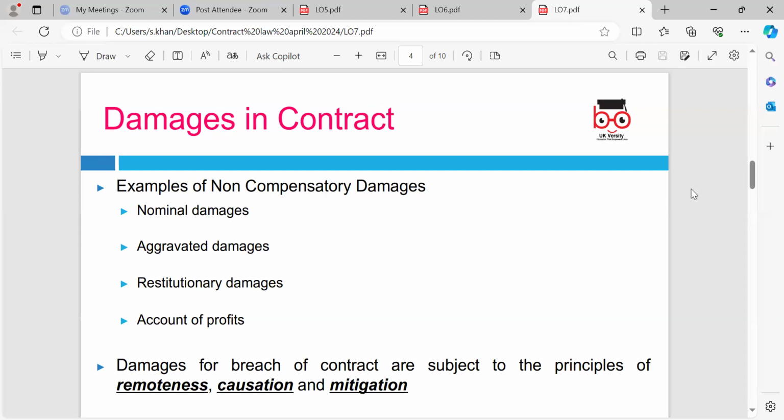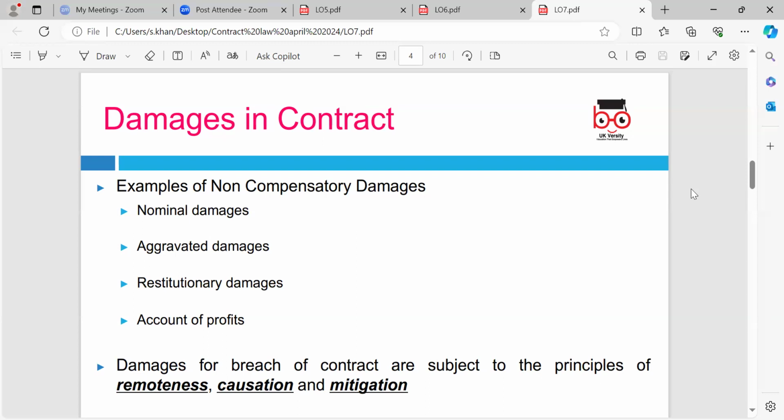The main case in regard to damages, which explained the basis of the remedy of damages, was the case of Photo Production Limited and Securicor Transport 1980.